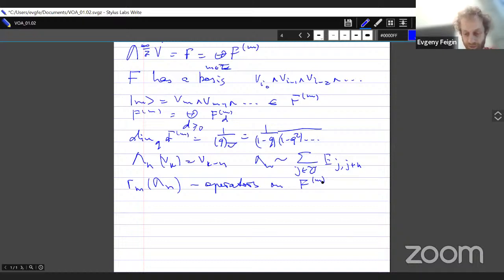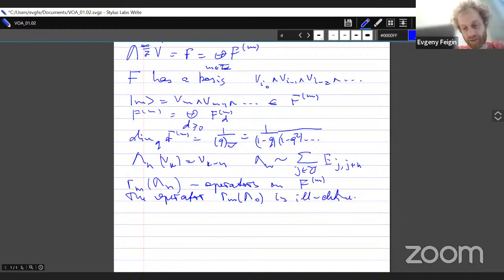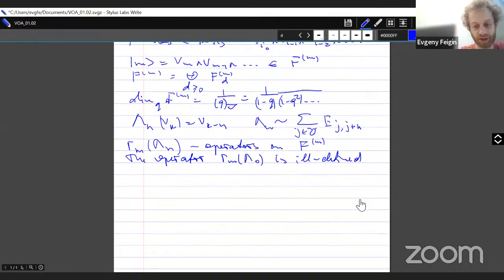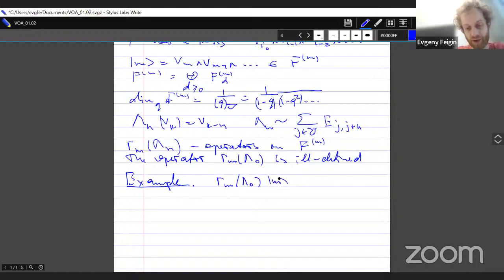Now, they are induced by the Leibniz rule. The only problem is that the operator R_m of lambda_0 is ill-defined. Let's see why. Let's try to apply the operator R_m of lambda_0 to the vector m.